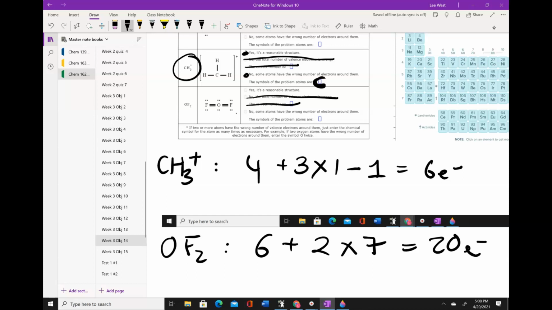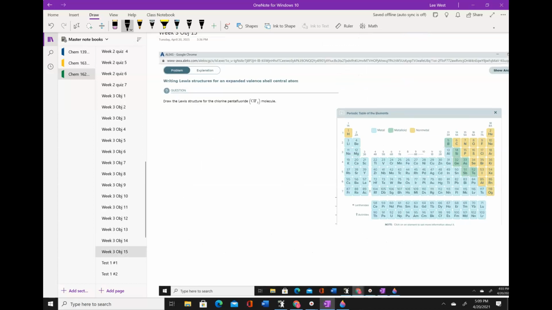It's too many. So no, some atoms have the wrong number of electrons around them. The symbol of the problem atom is oxygen. The only tricky one here is this CH3+, where it's kind of hard to decide, and I'd need you to put a little bit of text in there to explain your decision.